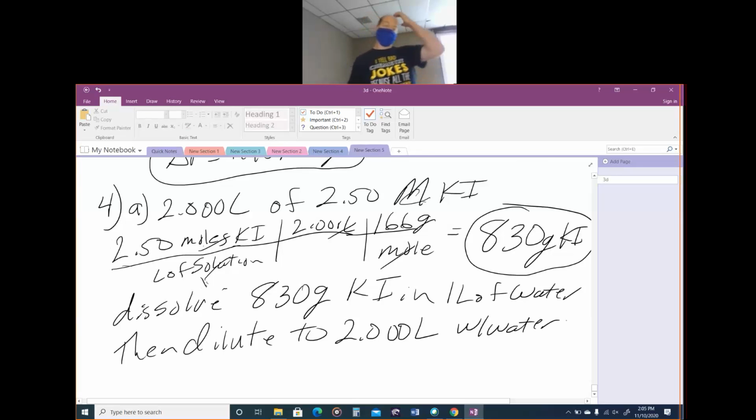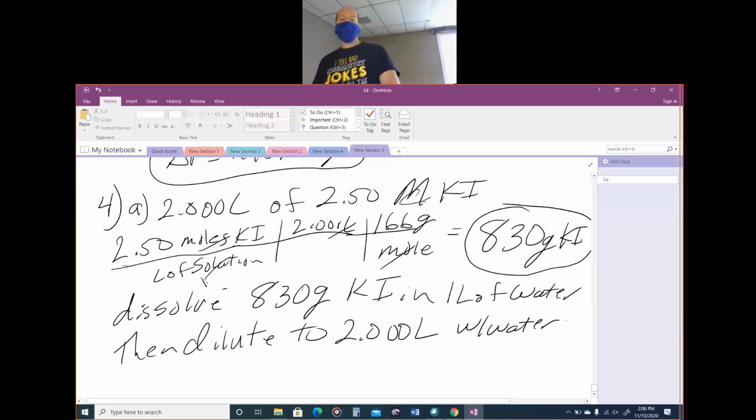So you have to dissolve it. 830 grams of KI is going to take up a lot of volume. You want to make sure it doesn't go over the 2 liters. All right, so you're going to dissolve it in 1 liter of water, and then you're going to add water until you get up to the 2 liter mark. And now you have 2 liters of solution, water and the solute.